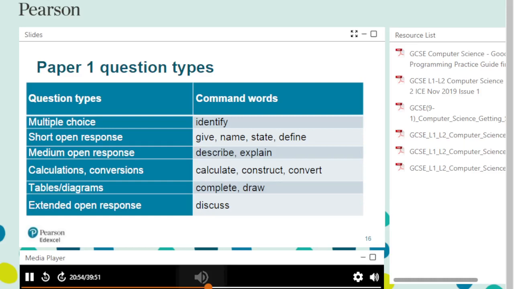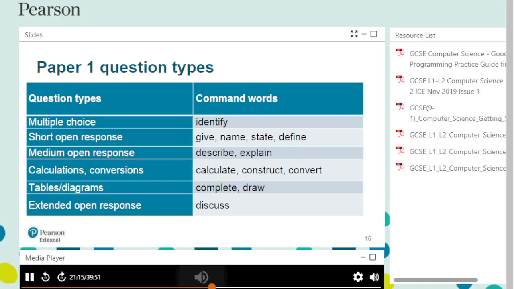Short open response questions use the command words give, name, state, and define, and are worth 1 or 2 marks. They generally require recall of 1 or more facts about the subject content. Medium open response questions use the command words describe and explain.